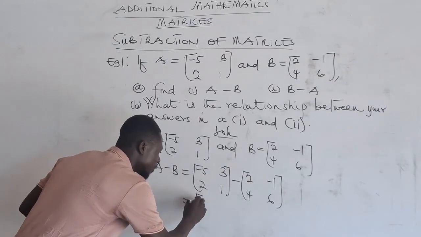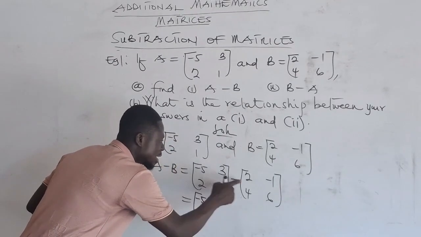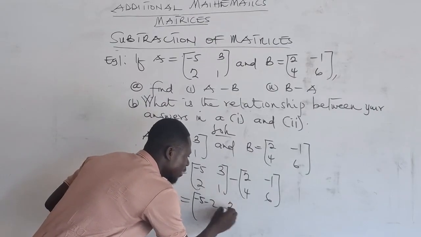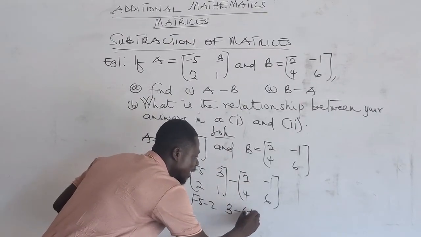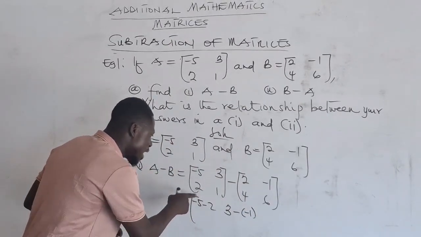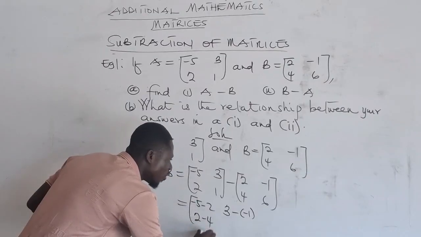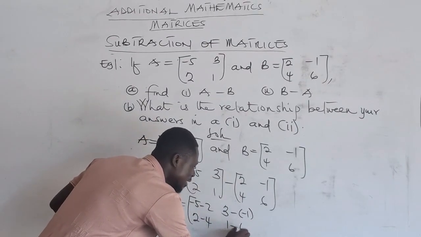We have negative 5 minus 2. Then 3, minus negative 1. Then when we come here, we have 2 minus 4. And then 1 minus 6.